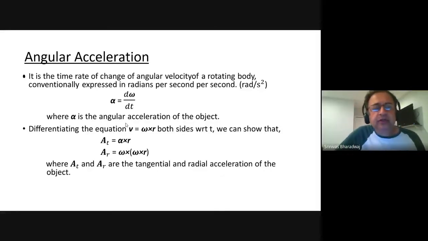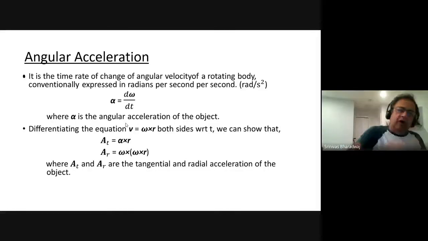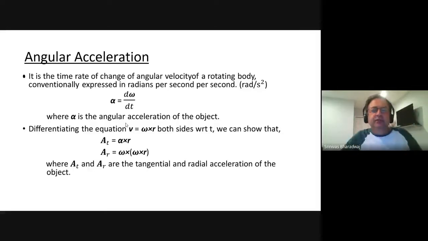So now the new acceleration has two components, a tangential component and a radial component. So the net acceleration is the square root of at square plus ar square, and it is the resultant of a tangential and a radial acceleration.